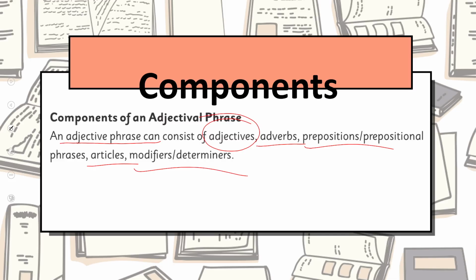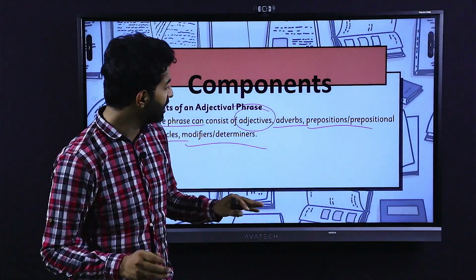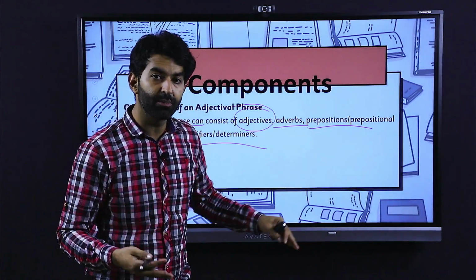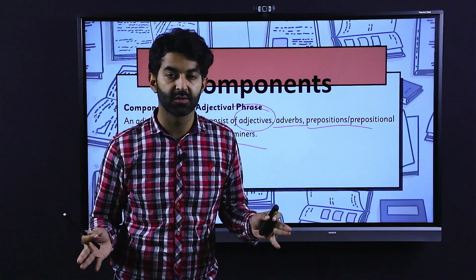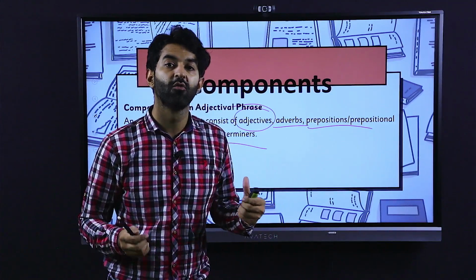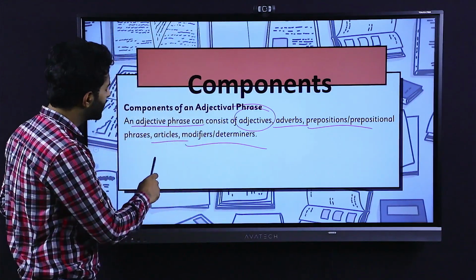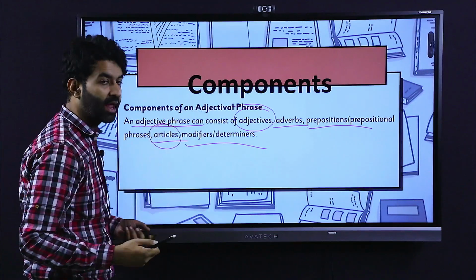It means that in an adjectival phrase, be ready to see the adverbs. Adverb can be there, preposition can be there, like from the alleys. In the previous example, from the alleys, from is a preposition. Or you can see articles like the.